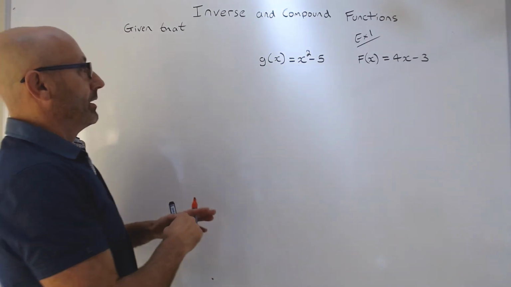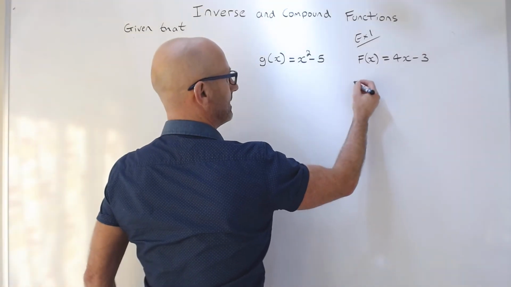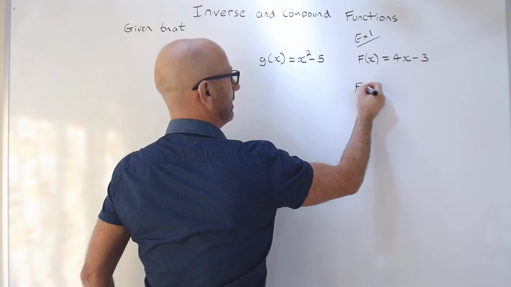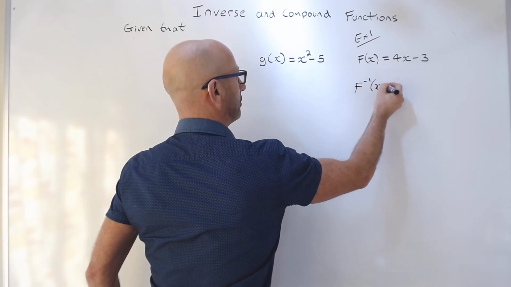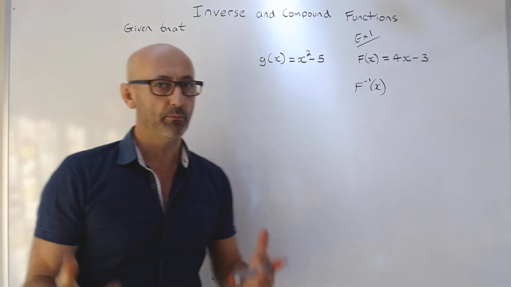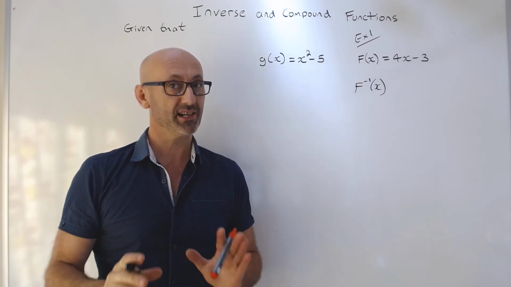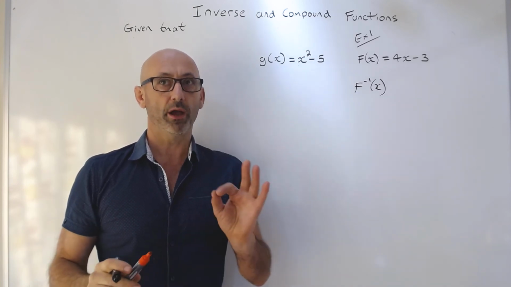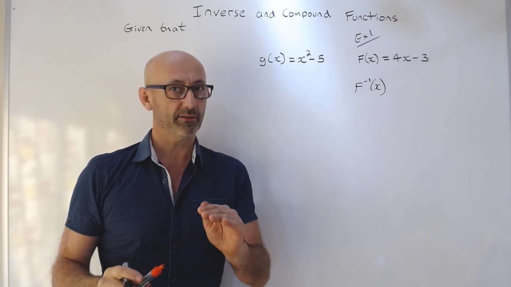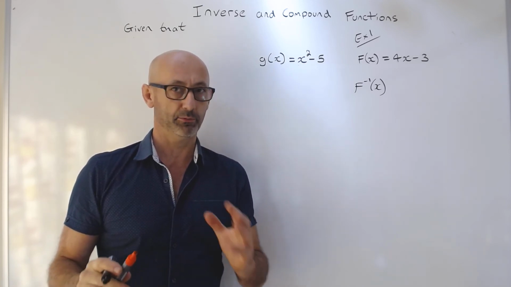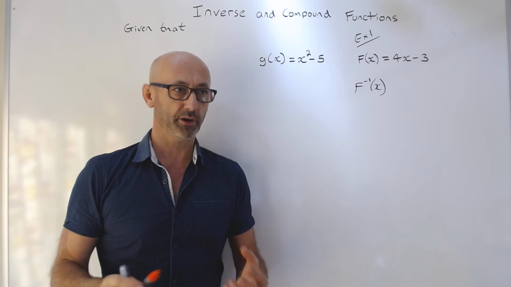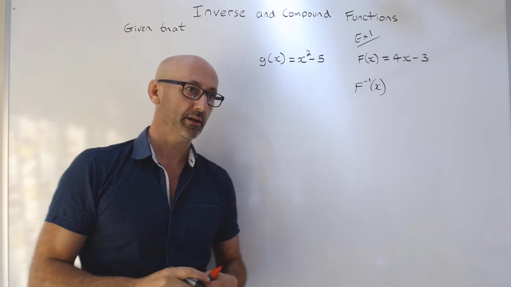Okay, so at A level, I have a much more complicated and involved explanation for this, but at GCSE, we need to know it at a pretty low level, I would say. And I don't want to overcomplicate things, okay?